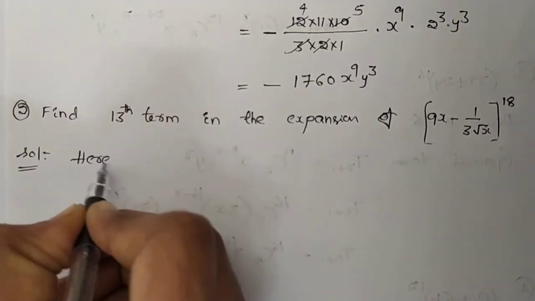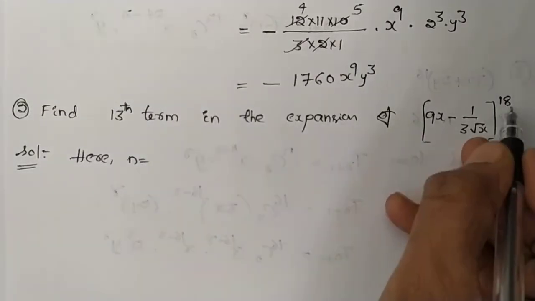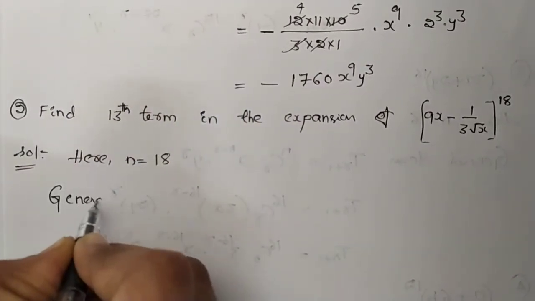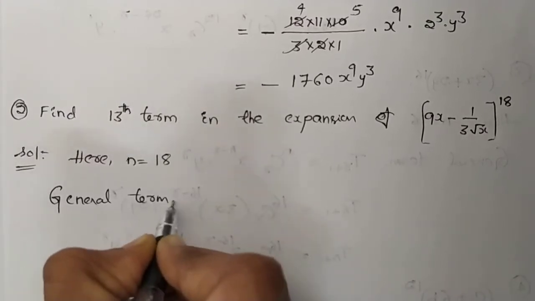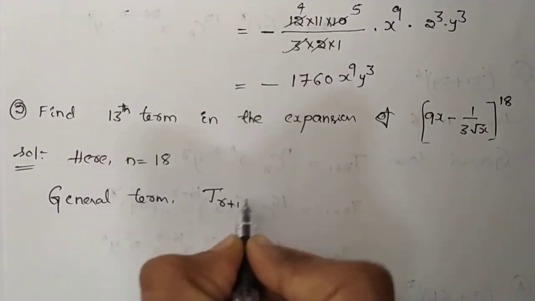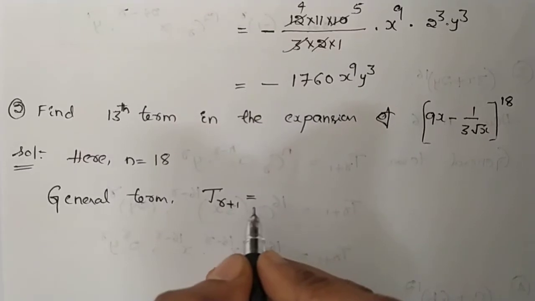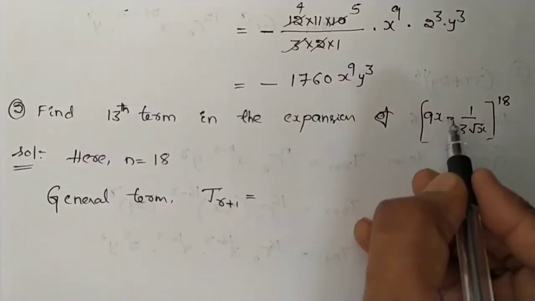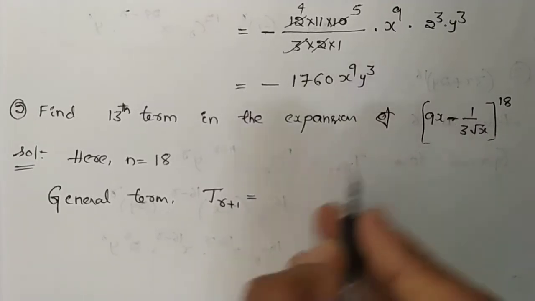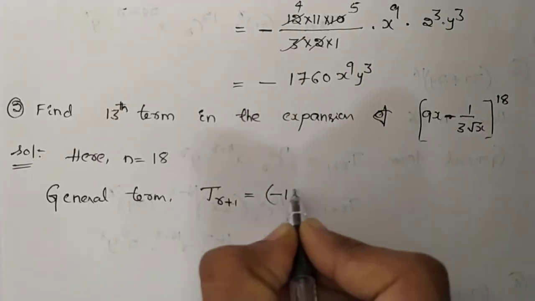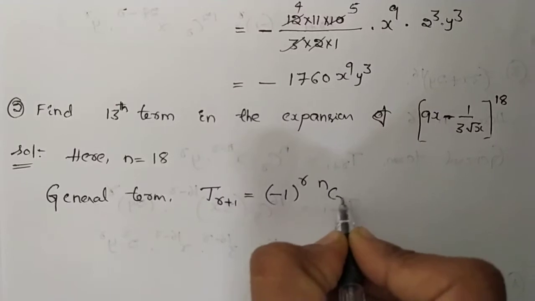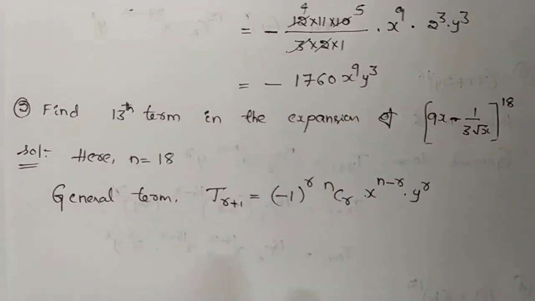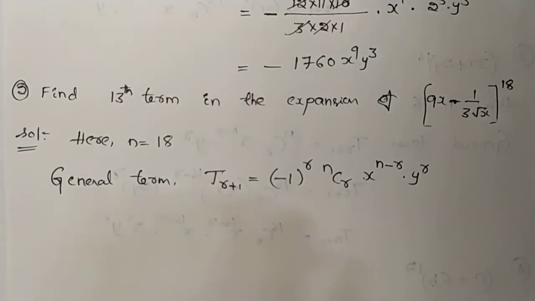Here n equals 18. The general term T(r+1): in this expansion we have minus, so it is (minus 1) whole power r into nCr into x power n minus r into y power r. It is the formula to find the general term.